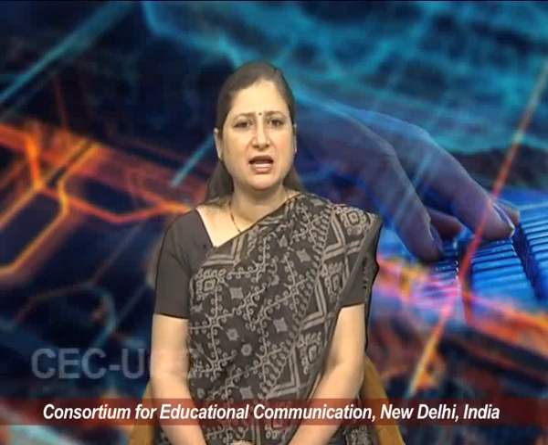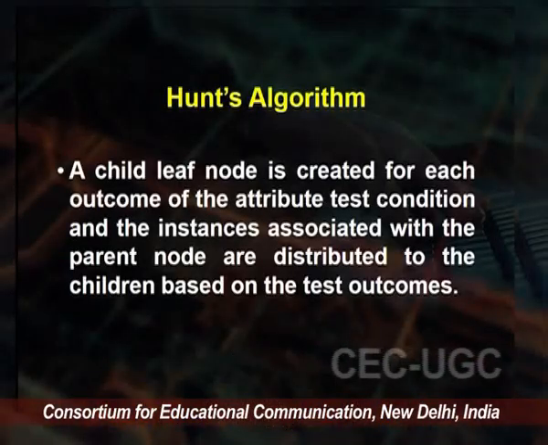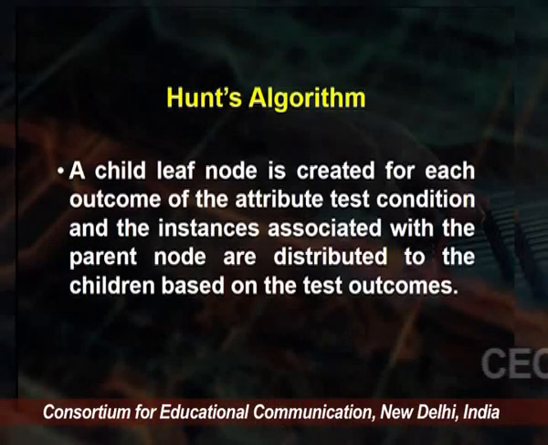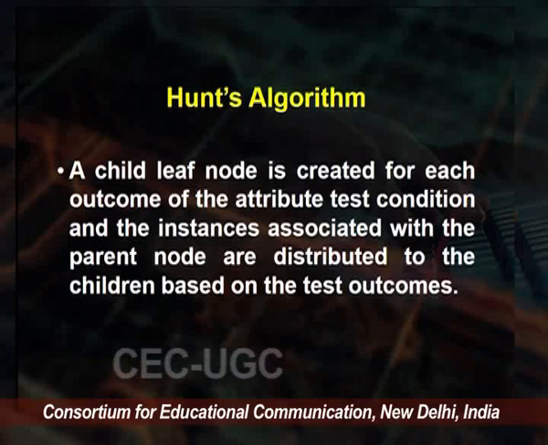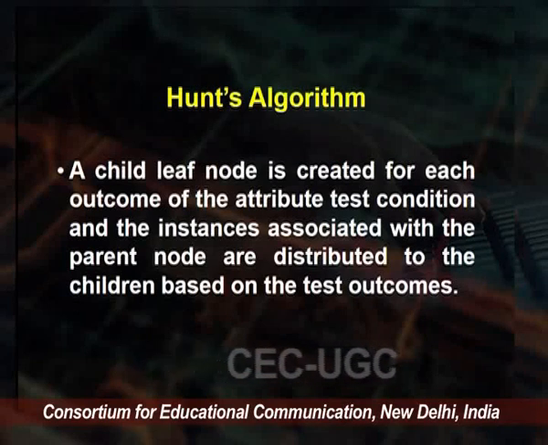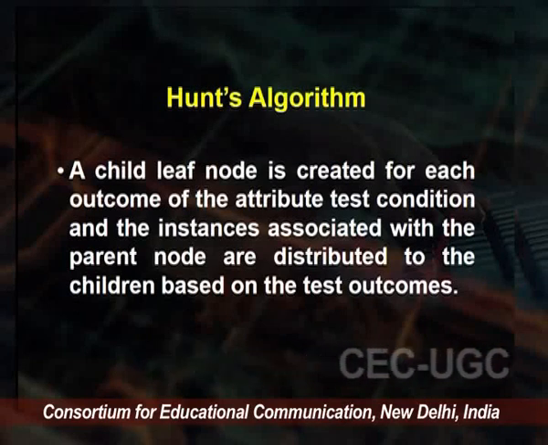Now what is the splitting criterion? We ask a question based on the attribute, and then we split the data into two classes, either a yes class or a no class. A child node is created for each outcome of the attribute test condition, and the instances associated with the parent node are distributed to the children based on the test outcome, okay.